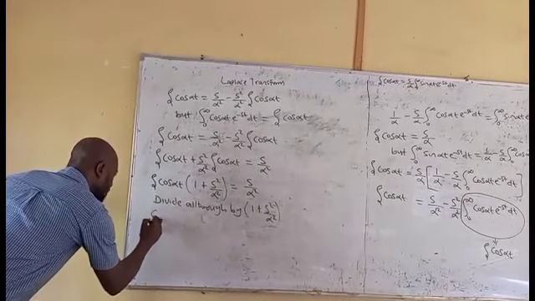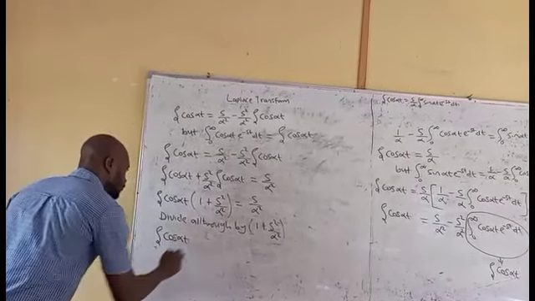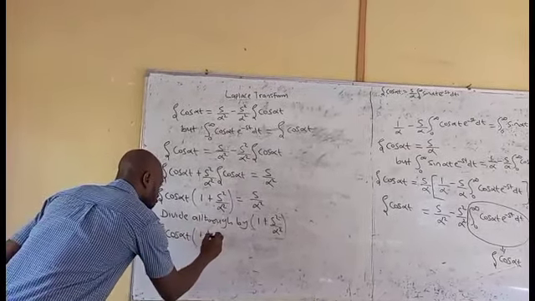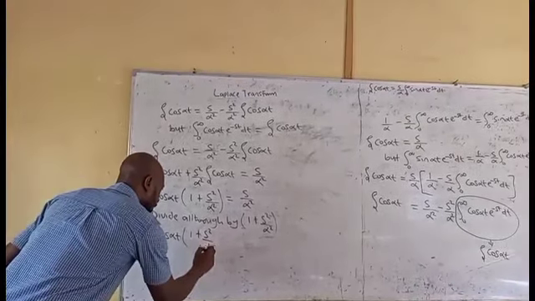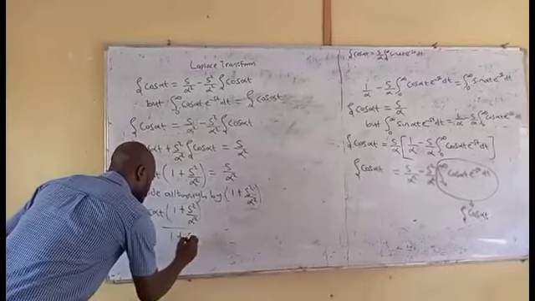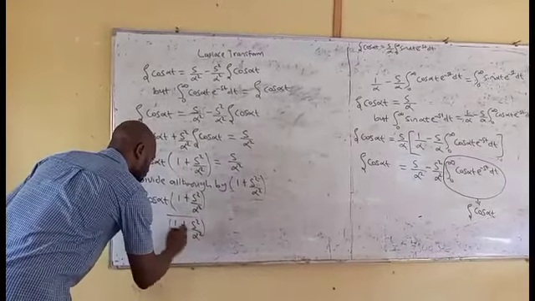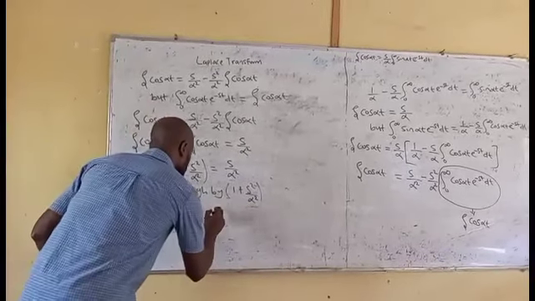So I'm going to have this Laplace transform of cos alpha t into 1 plus x squared over alpha squared, divided by 1 plus x squared over alpha squared. So this will cancel this.